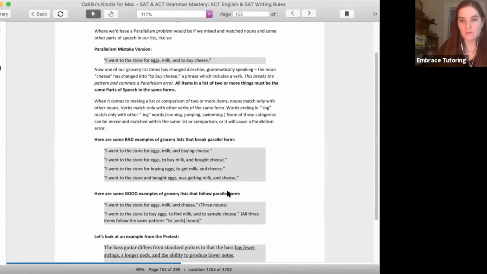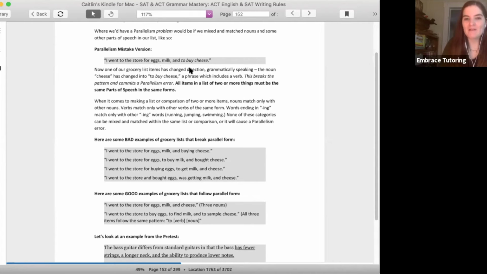You don't need the to buy portion because it's already implied with I went to the store. It's assumed that you're buying cheese in addition to the eggs and milk.